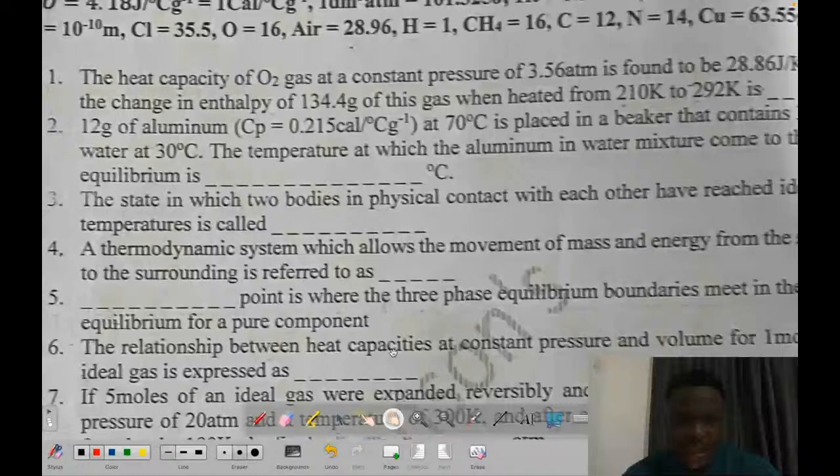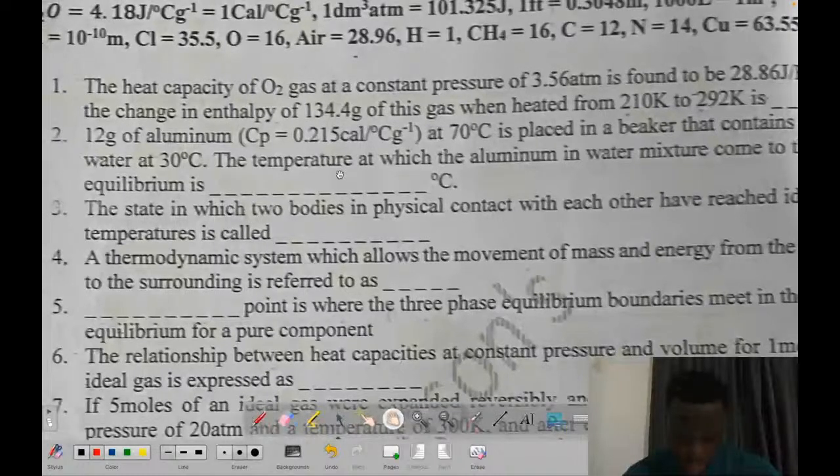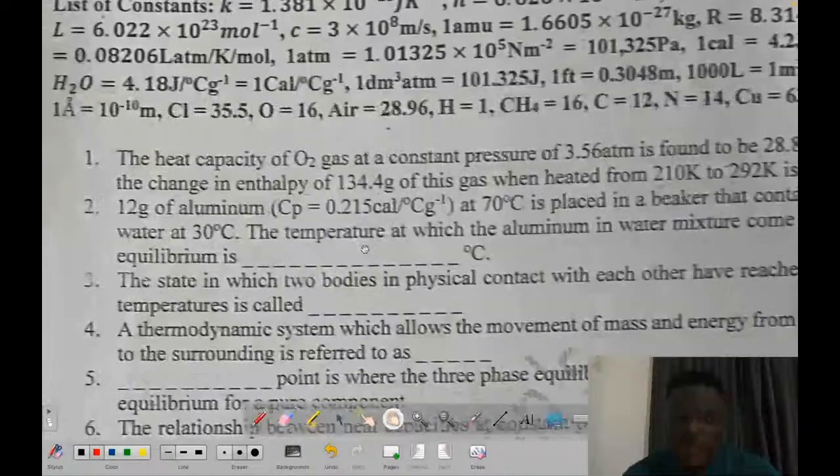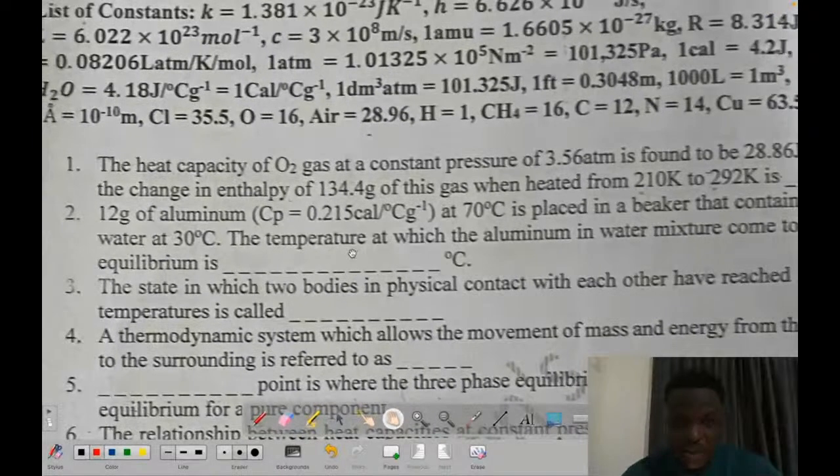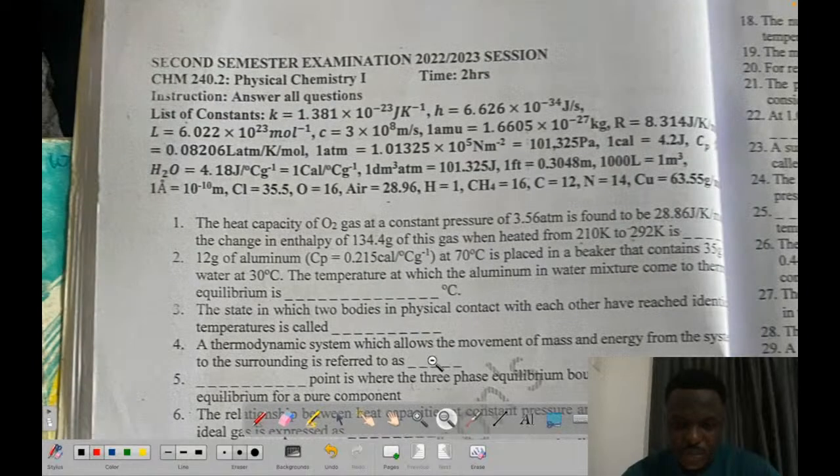I'm going to shrink this once again, but before I do, I would like to point out something here. Please look up. If you look at this question, this value here is the specific heat capacity of aluminum.